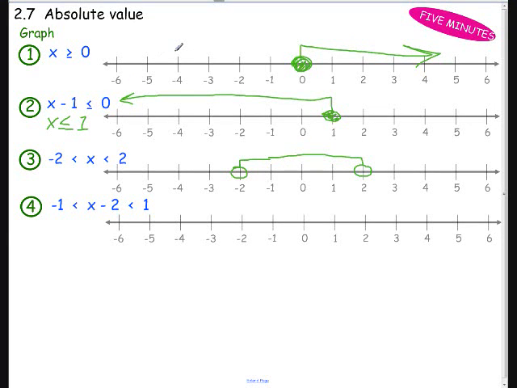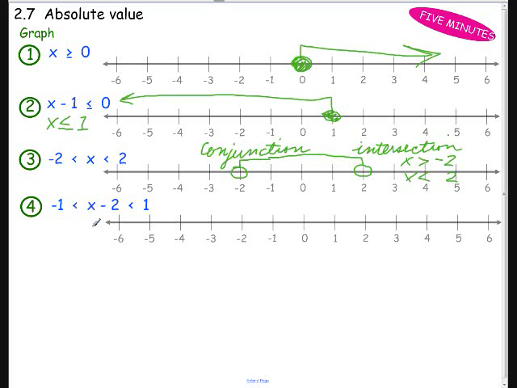This is an example of a conjunction. That's where we have an intersection of statements. And this would be an intersection of x is greater than -2 and x is less than 2.